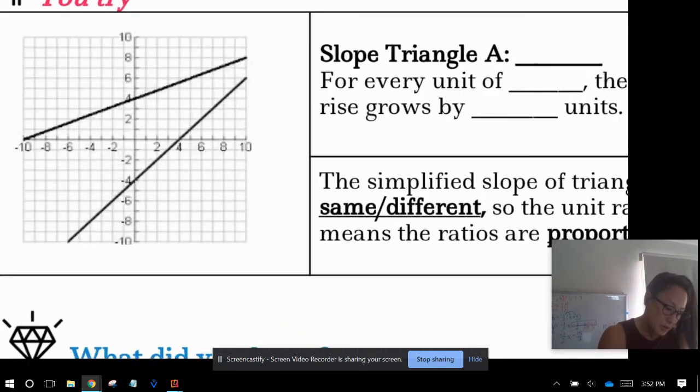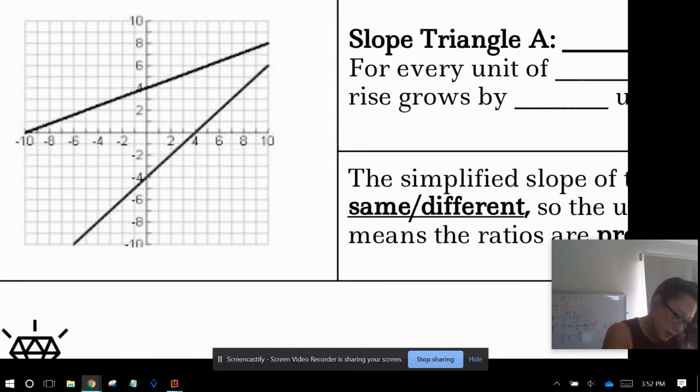Find 2 good points on your line. I see one right here at negative 5, 2. So this would be at negative 5, 2. And then another good point, and we'll call this line A and line B. Oh, I see another good one right here at 5, 6.